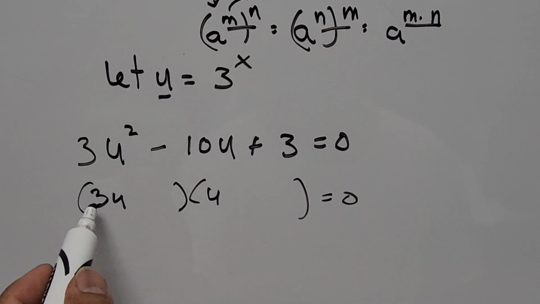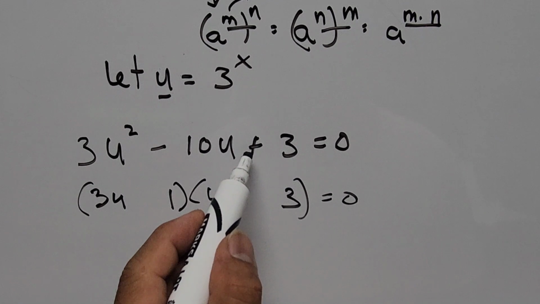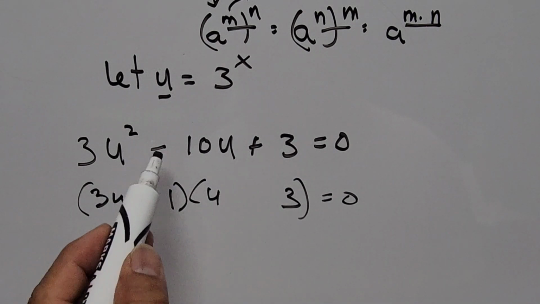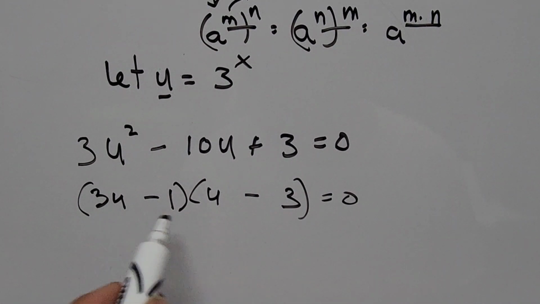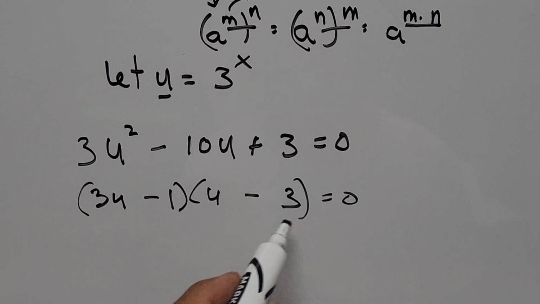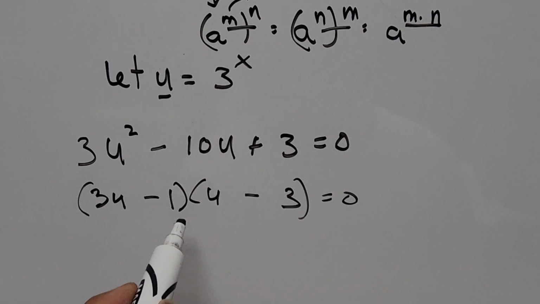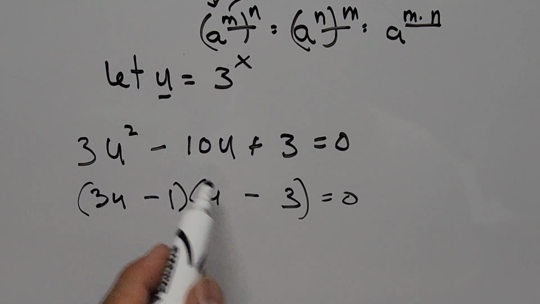So we put 3 over here and 1 over here. Since we're adding and the second term is negative, this is both negative. If we add the products of these two, 3u times 3, that's 9u, that's negative, plus negative 1u, that'll be negative 10.